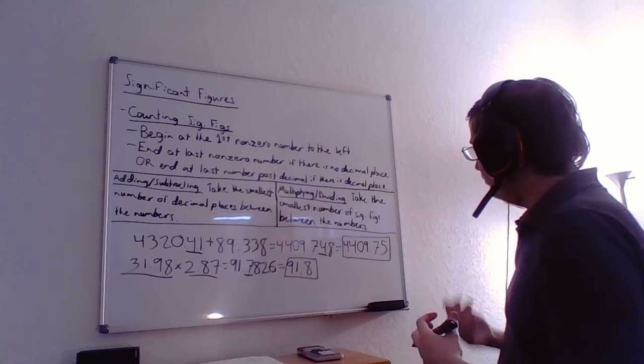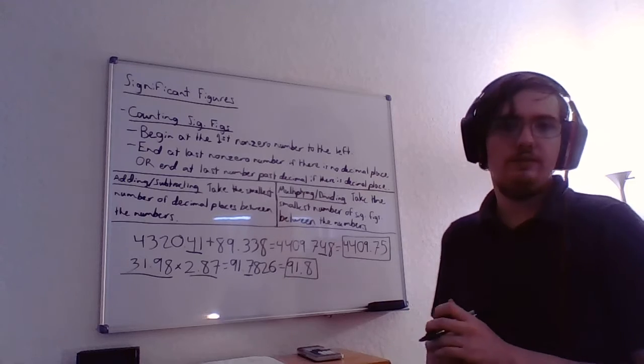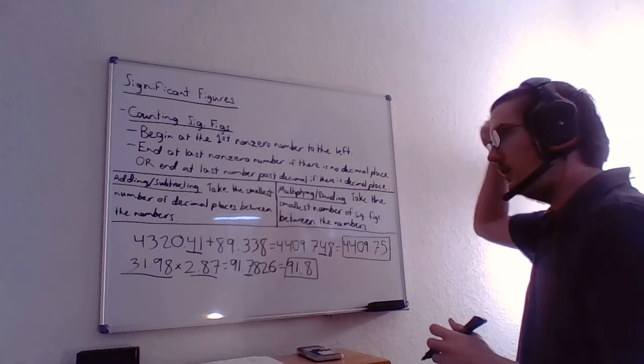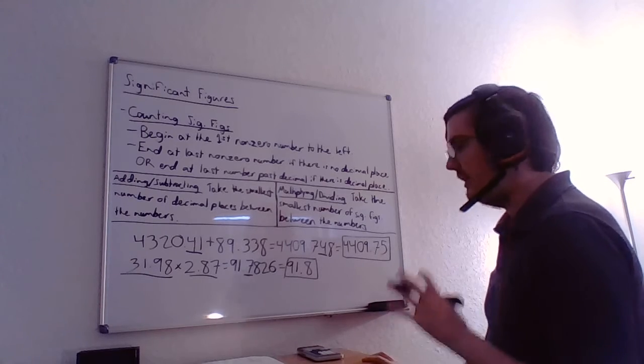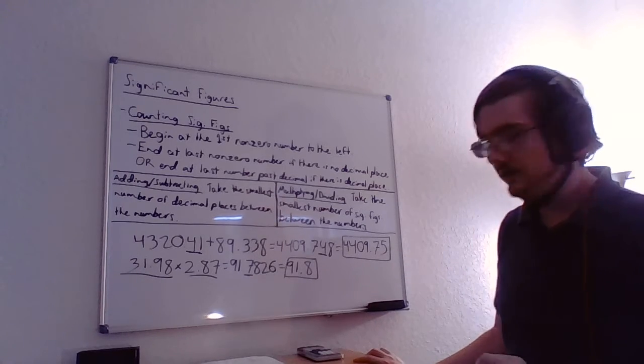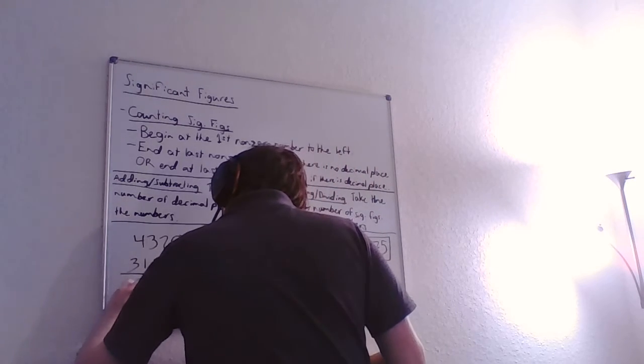Now that's most of what you'll deal with in chemistry, is going to be problems like the ones we've done. But there is a special case that should be covered just in case you run into it later. So let's say that we were given a number like this.